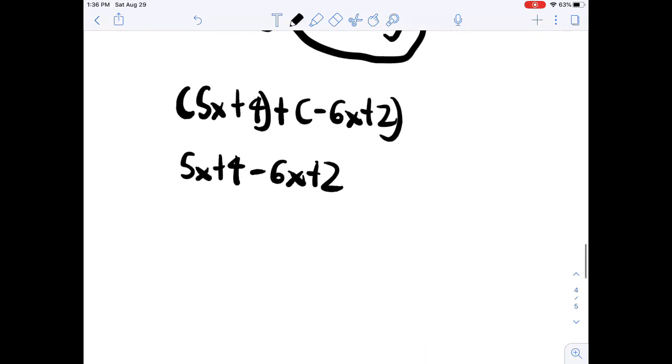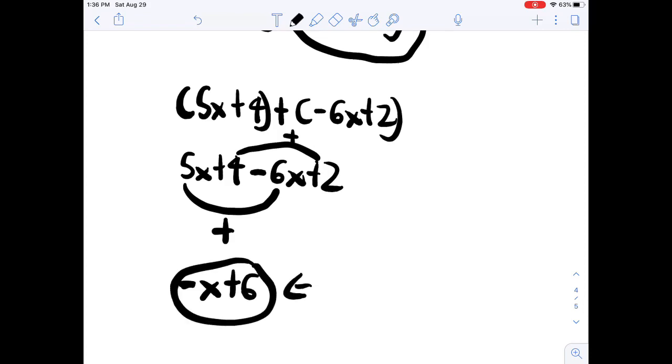And from here we would solve. So we'd add these two together, and we get negative 1. So instead of writing negative 1x, we can just write negative x. And then we add these two together, and we get 6. So we get negative x plus 6 as the final answer.